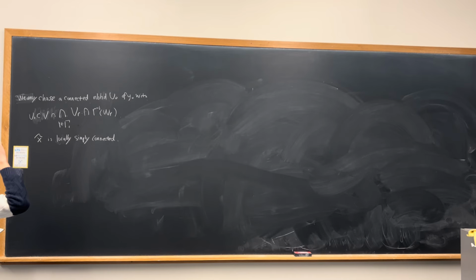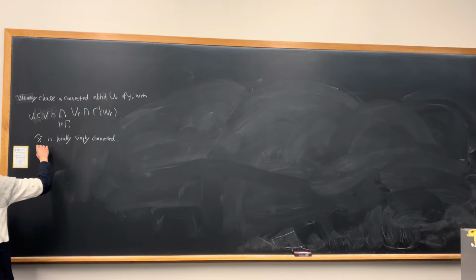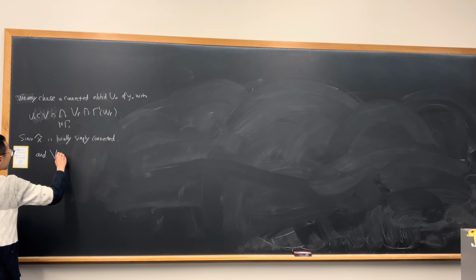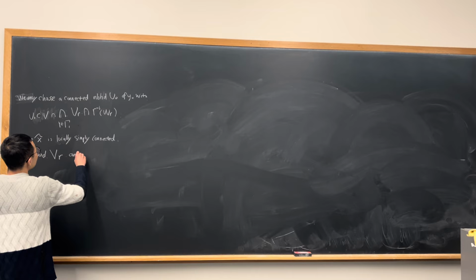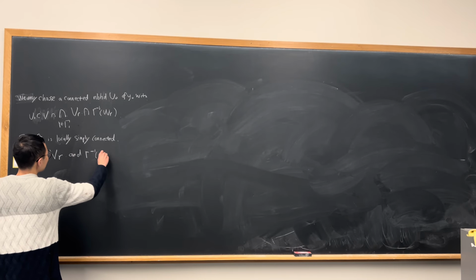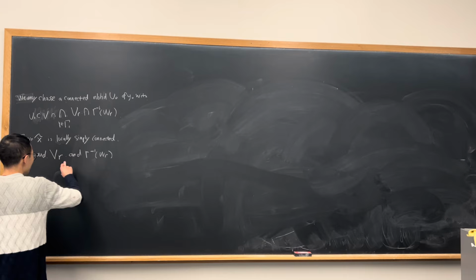Since this X tilde is locally simply connected, and this V gamma, and also this V of r, small r, and r inverse of W r are both open.